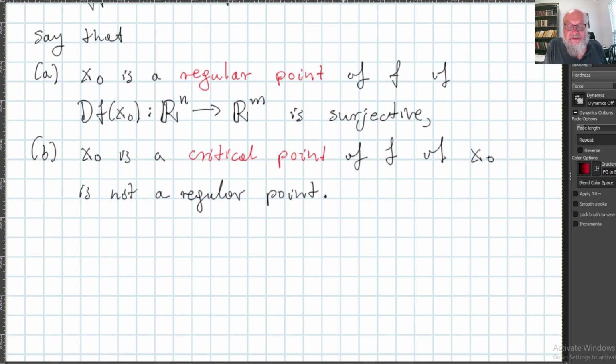So maybe let's make another definition first. Definition.